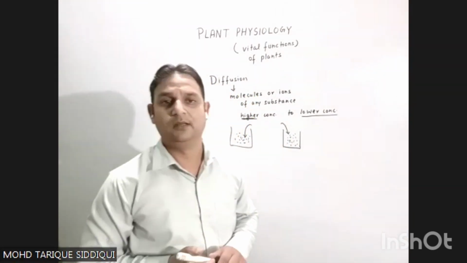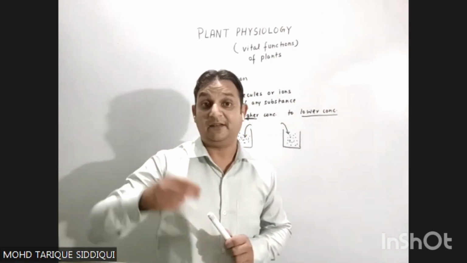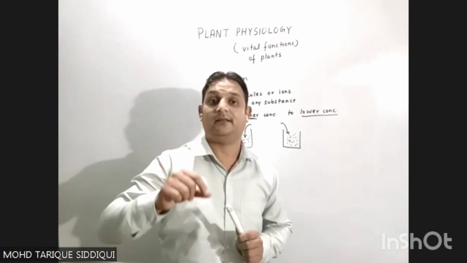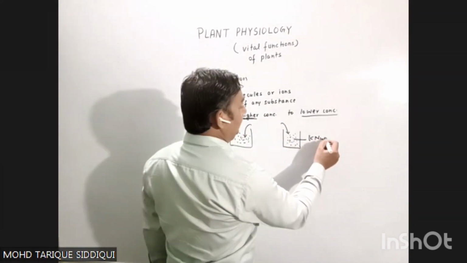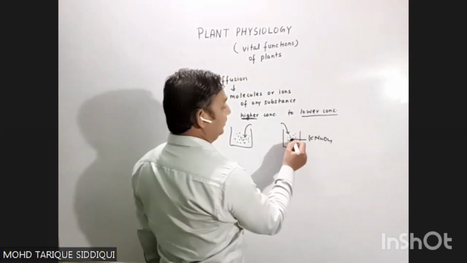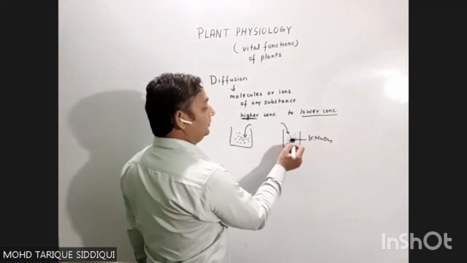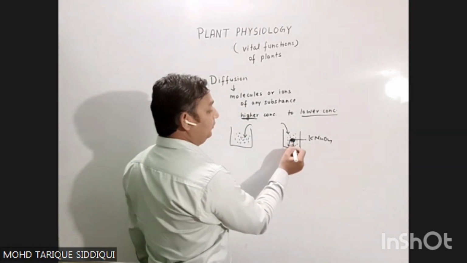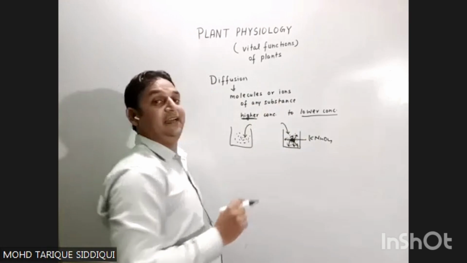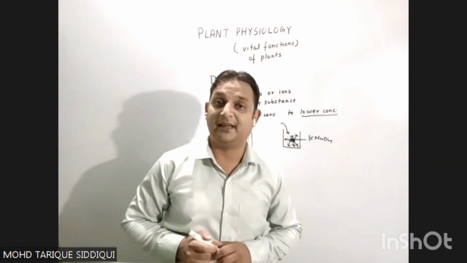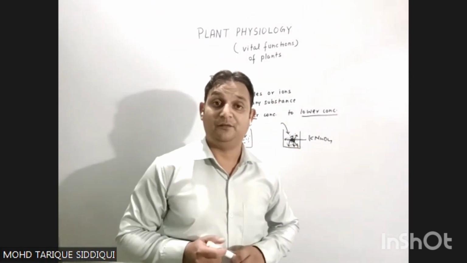A simple example: KMnO4 you are adding in the water. What will happen to the KMnO4? Pink, purple color, it will dissolve. Where you put the KMnO4 in the beaker, there will be the higher concentration. From that higher concentration, the KMnO4 molecules or ions move to the region of lower concentration. So this is very important. Let's talk about the features of diffusion.